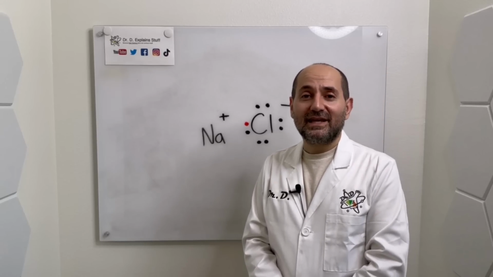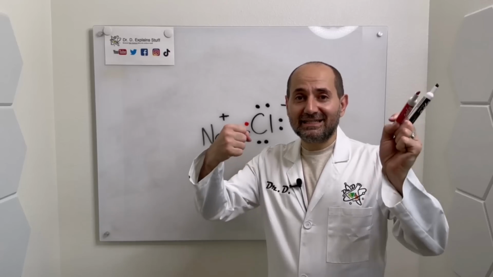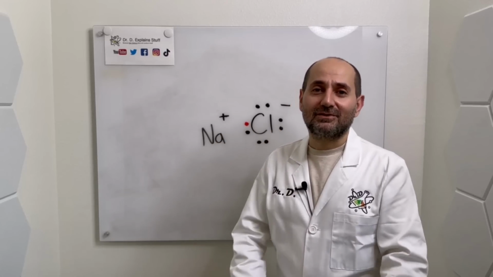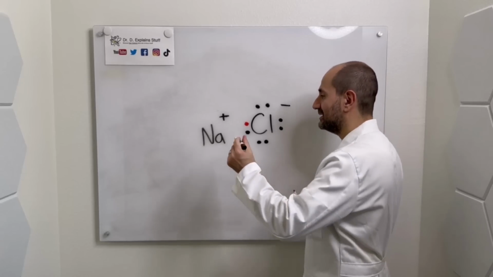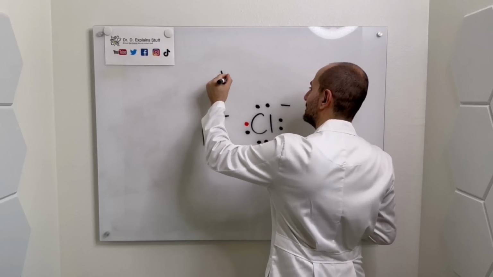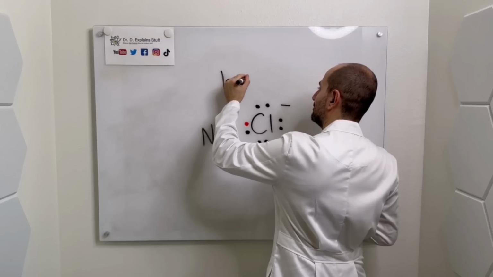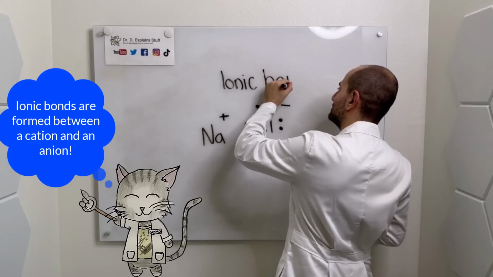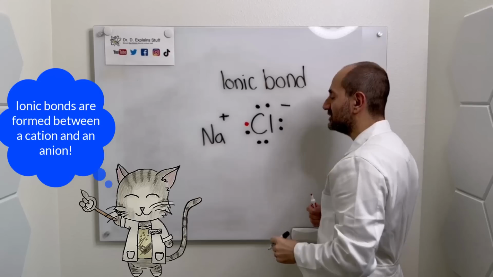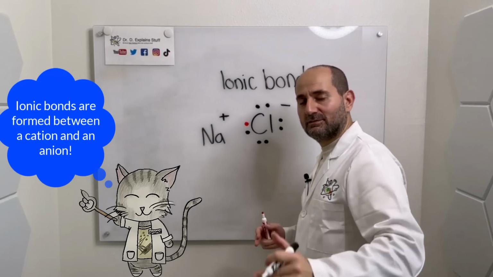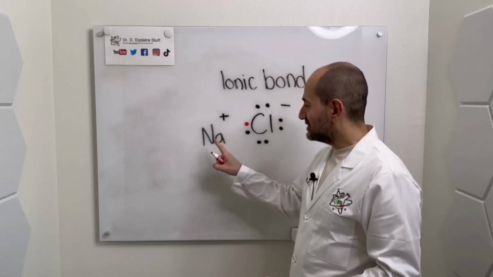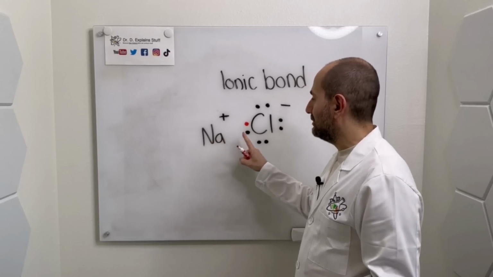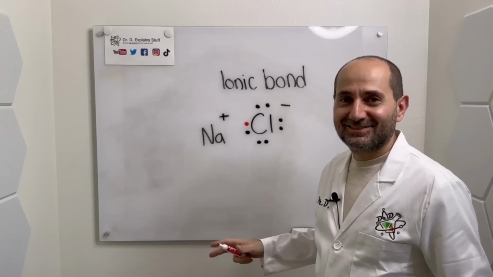Simply because they have opposite charges, they snap right together, and that has formed an ionic bond. So is this a covalent bond? No way. There's no sharing going on. Covalent bonds are about sharing. This is an ionic bond because it's the bond that forms between oppositely charged ions.